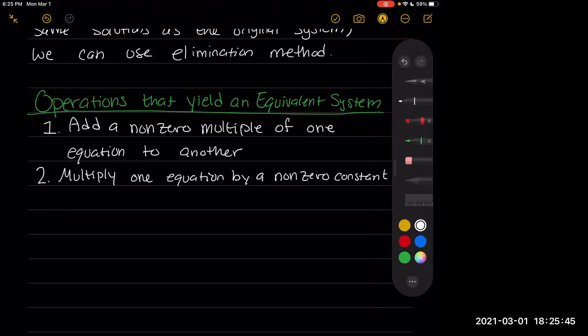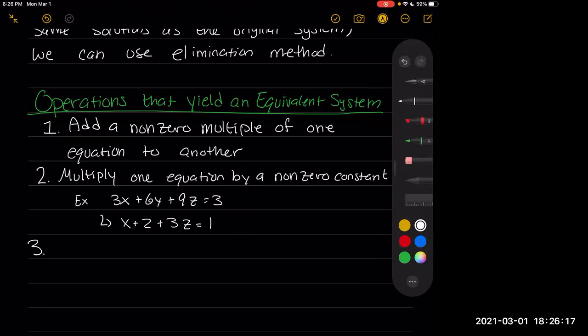So like for an example, if we were to have 3x plus 6y plus 9z equals 3, if we multiply everything by 1/3, which is basically dividing by 3, this will become x plus 2y plus 3z equals 1. So this is a step that will maintain our solution, because we're scaling both the left and right-hand side of these equations by the same constant.